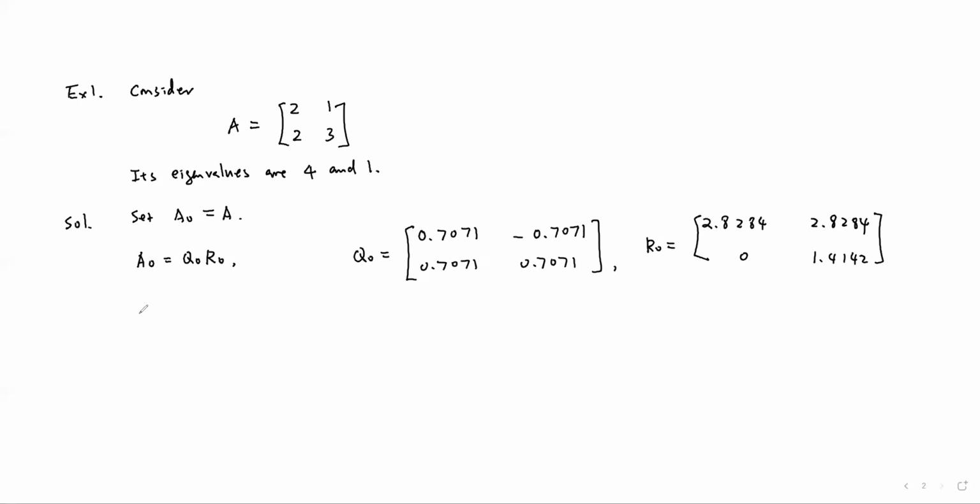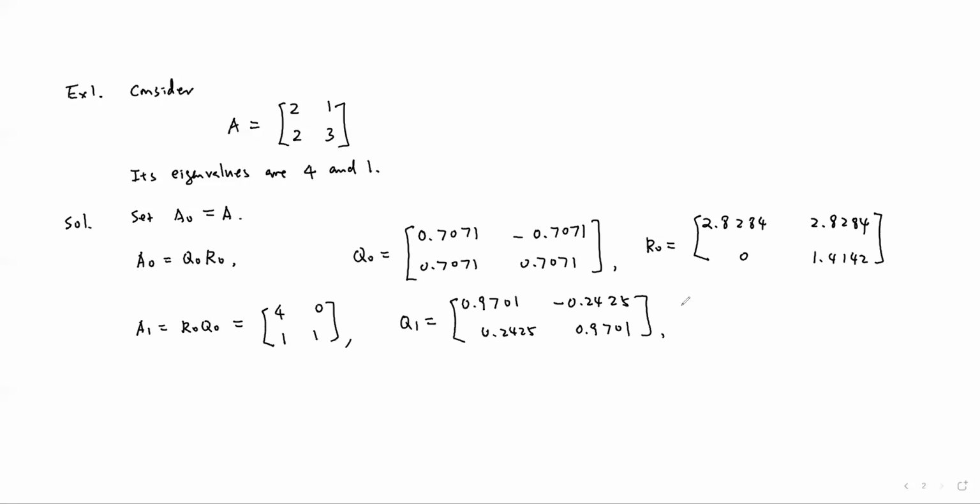Now form the matrix A1. A1 is R0 times Q0. It is 4, 0, 1, 1. Then perform QR factorization on A1. We get Q1 and R1, upper triangular.